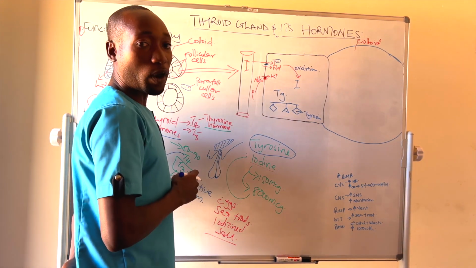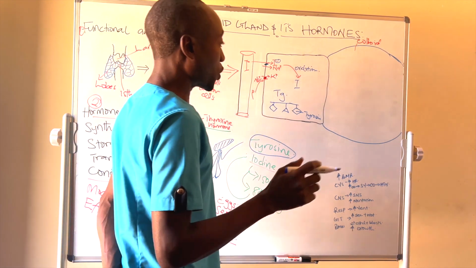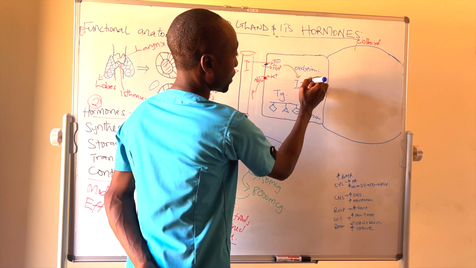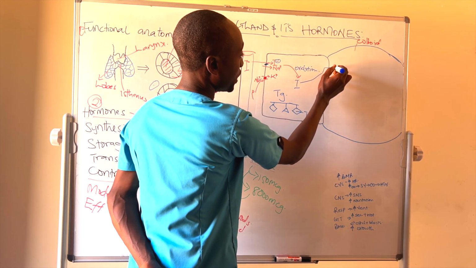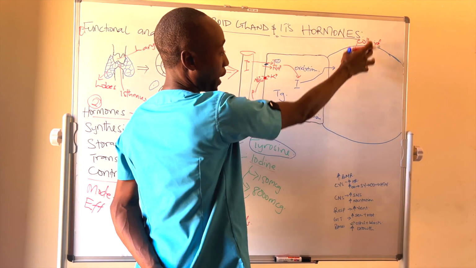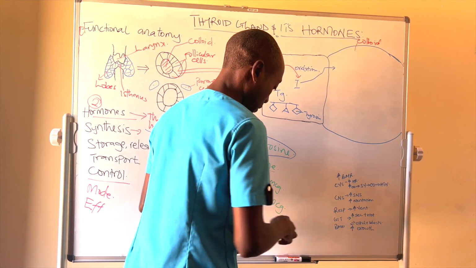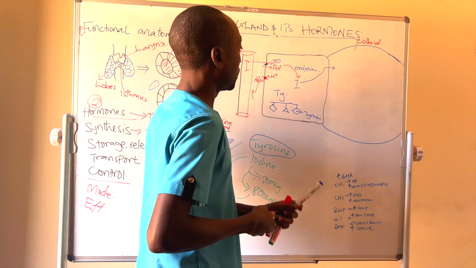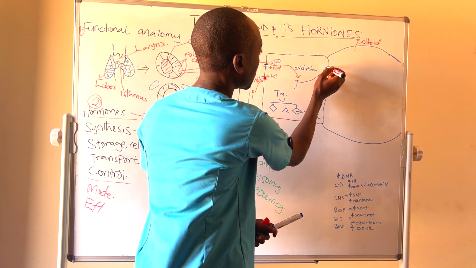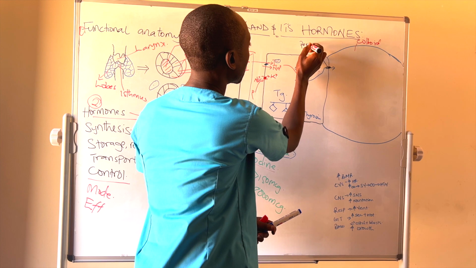We also have our iodine in its normal state. So now this iodine that we have here is going to be brought into the colloid. Remember we've said this is a colloid, through a channel that we refer to as pendrin.